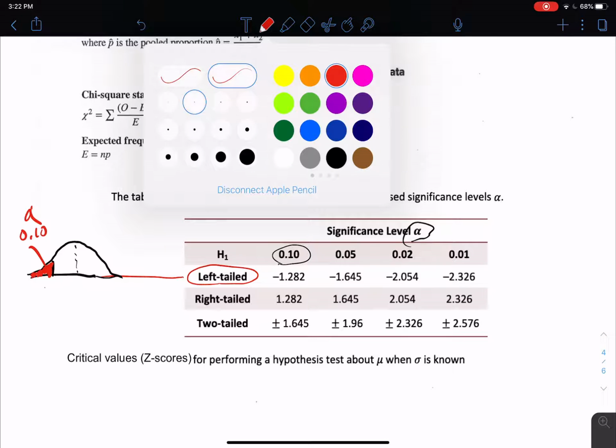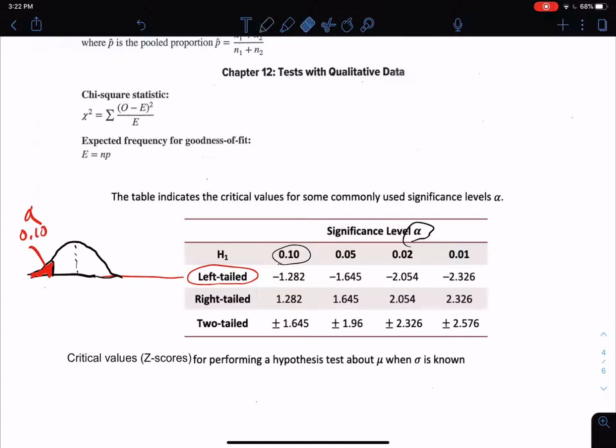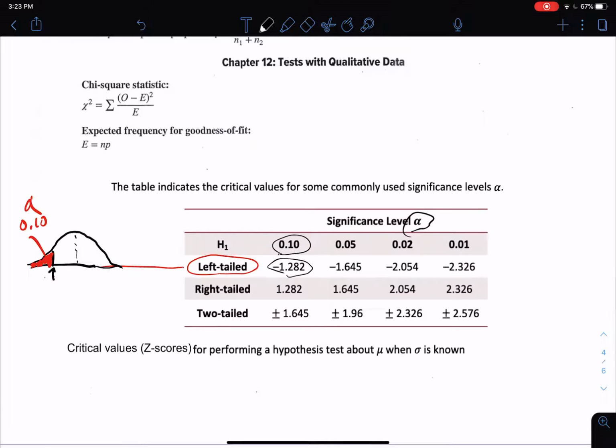And there is a critical value that you could look up. You definitely can look up, but this chart is nice because it's done for us. If you have a significance level alpha of 0.10, what is the critical value that goes with it? Well, there it is right there. That would be z equals, and I wrote down here, critical values in the form of z-scores.